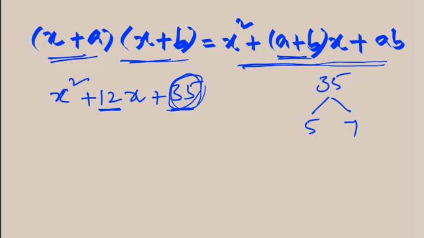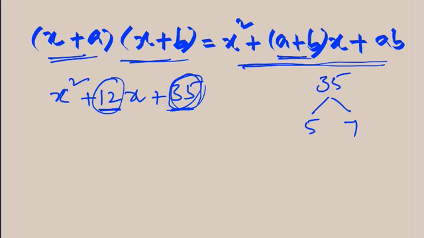After finding the factors, what we have to do is, if we add or subtract, we must get 12, the middle term coefficient. For example, if I add these two, 5 plus 7, I'll get 12.